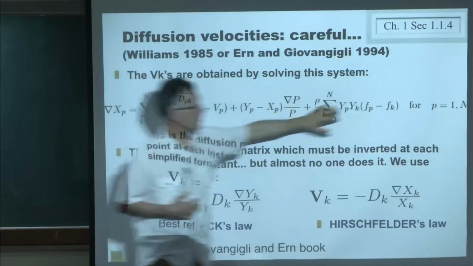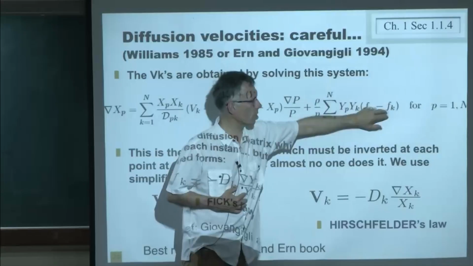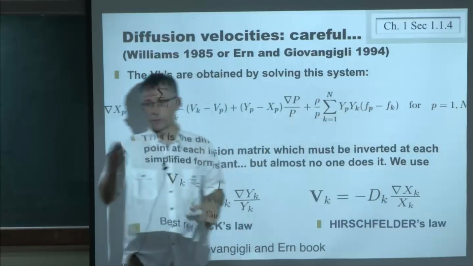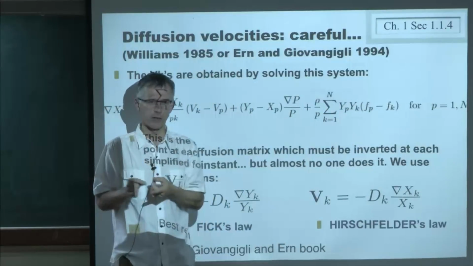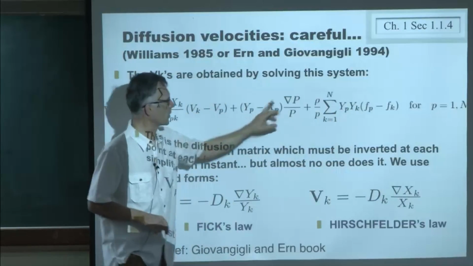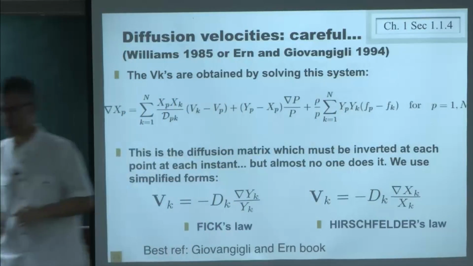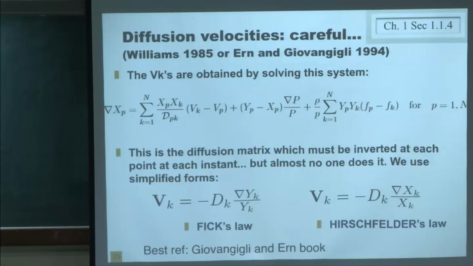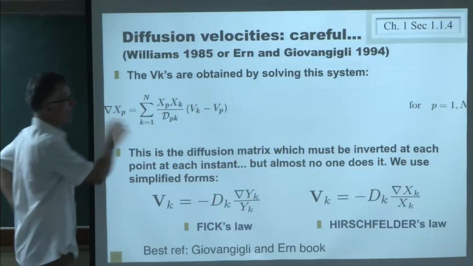This is a source term due to volume forces, so you can forget it. For those of you who would do effects of electric or magnetic fields, they would come in here. This is another term that usually we can forget. That's the diffusion due to pressure, and normally, in most combustion problems, we only have to solve this.